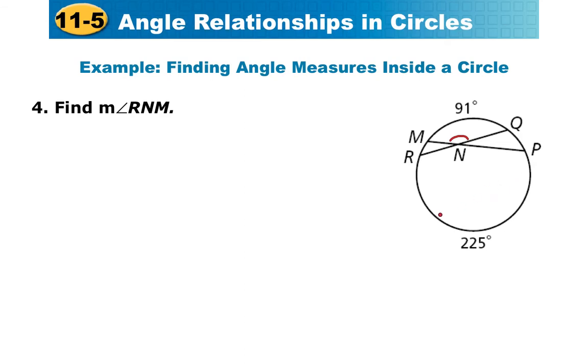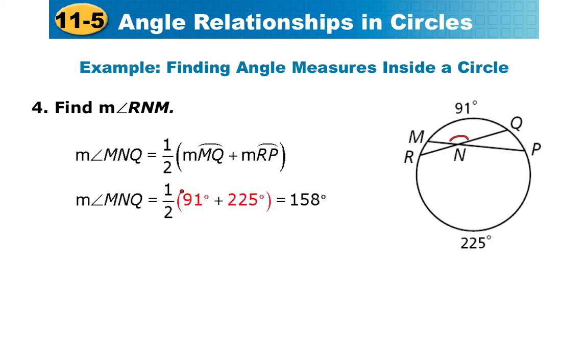If I apply theorem 11.5.2, this is the equation that I get. The measurement of MNQ is equal to this arc plus this arc divided by 2 or multiplied by half. I substitute, and you should be able to see that this becomes measurement of angle MNQ is equal to 158. So this is 158.